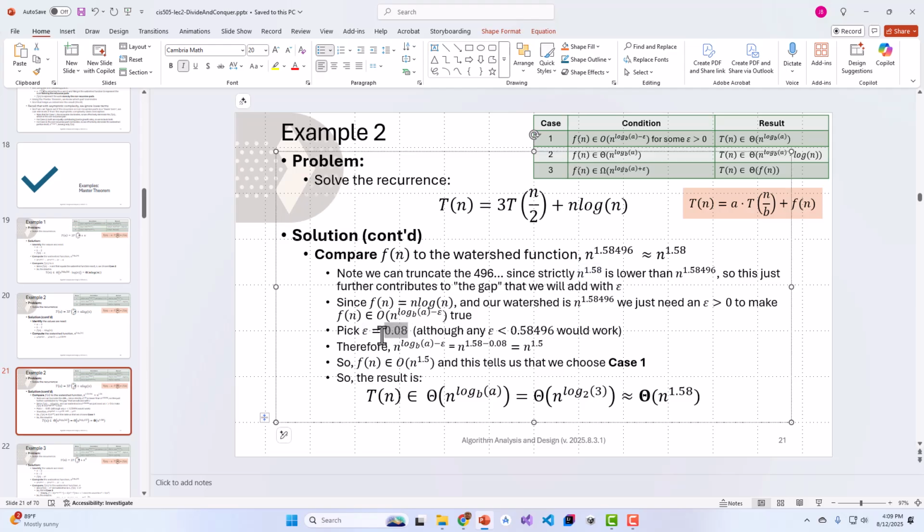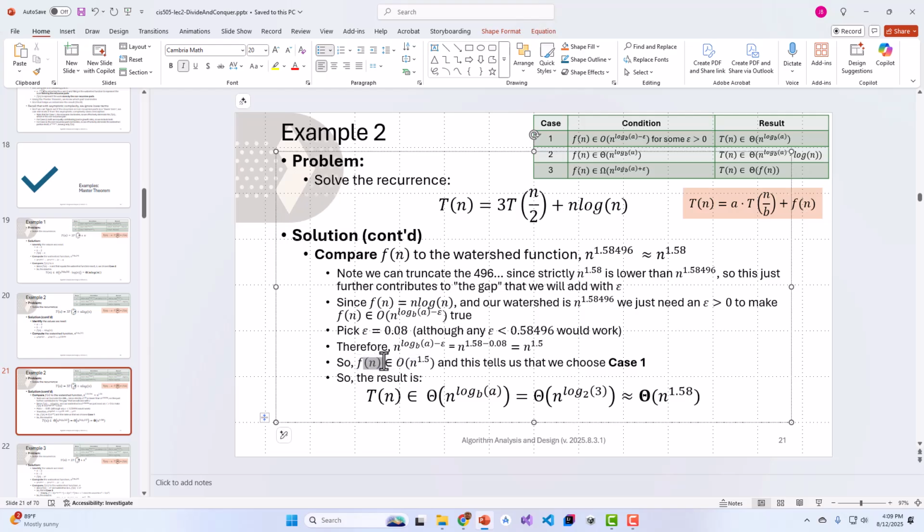You can pick any epsilon, really anything below 0.58496, because we want there to be a gap, since we've got n to the power 1 and n to the power 1.58496. So we have to compare them. Let's reduce that gap by 0.08, which brings us even further away from the actual watershed value. So it's n to the power 1.5.